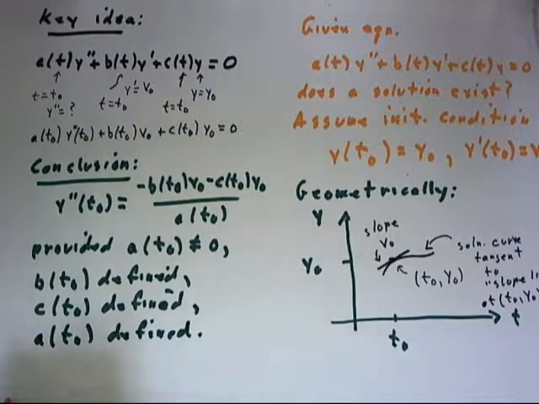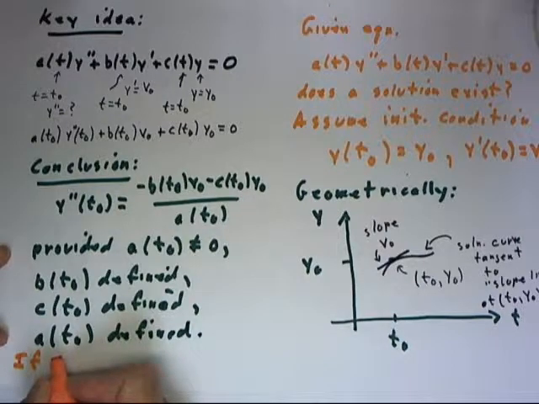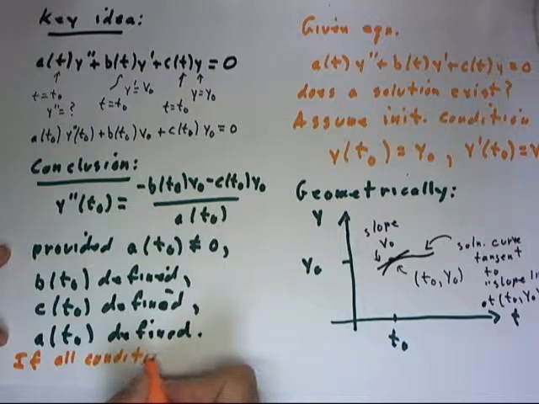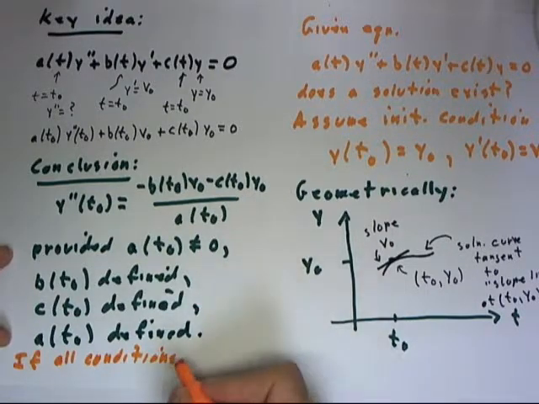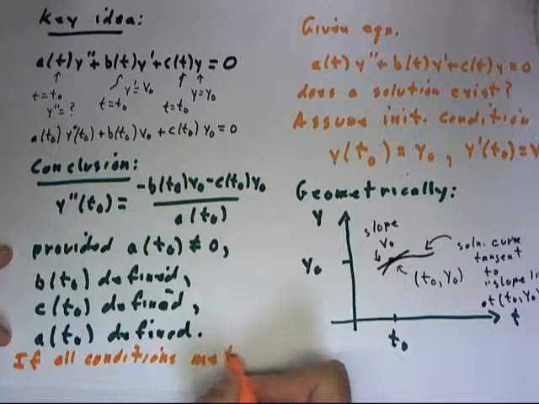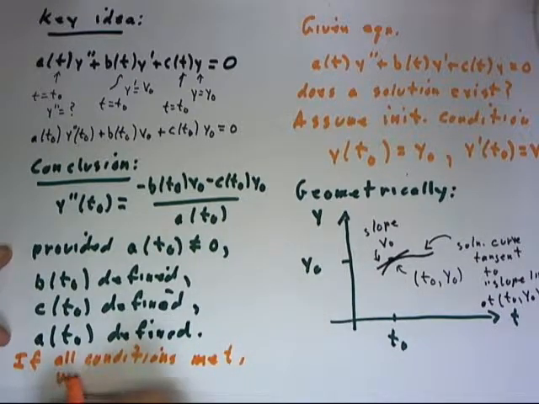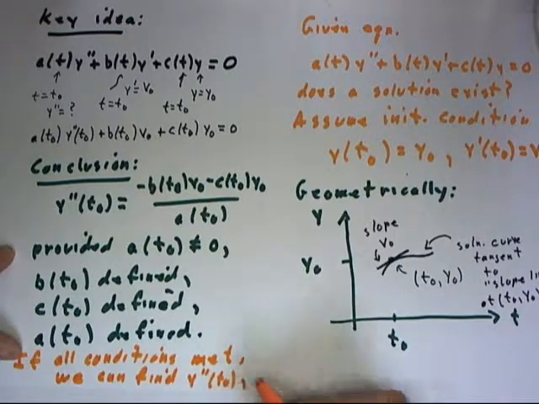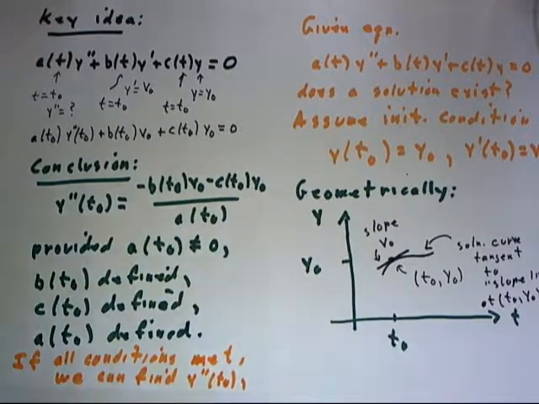When that's the case, if all the conditions are met, then we can find y double prime of t naught, and that's going to allow us to determine the degree of concavity.